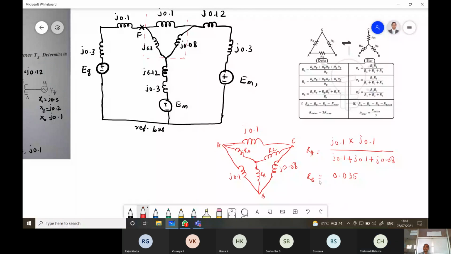Okay. Next is RB. RB is equal to 0.1 into 0.08 divided by sum of all the things.